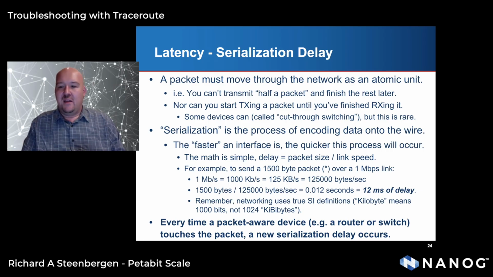Remember that networking uses the true SI definition. When we say kilobit or kilobyte, we mean 1,000. We do not mean 1,024. That's a kibibyte, and that's only used in some applications on host devices. So remember, every time a packet-aware device does a routing lookup or a switching lookup, you're adding a new serialization delay.